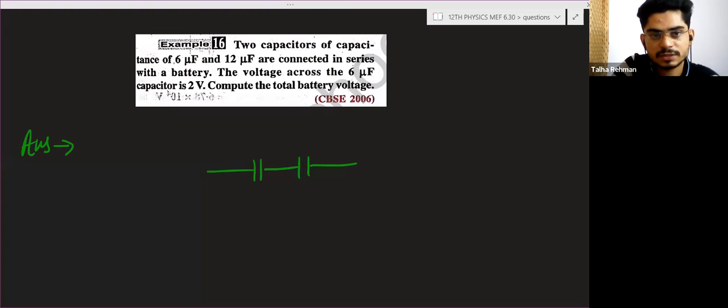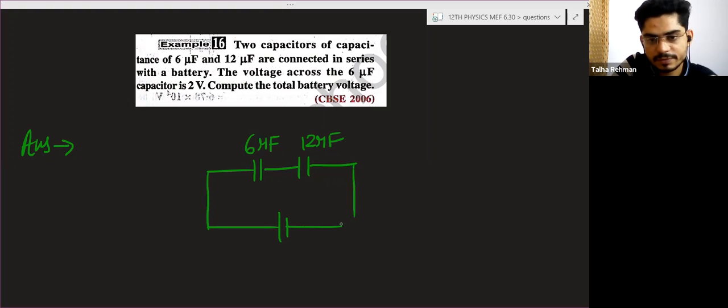This is 6 microfarad. This is 12 microfarad. This looks like R, but this is micro. Connected in series with a battery.